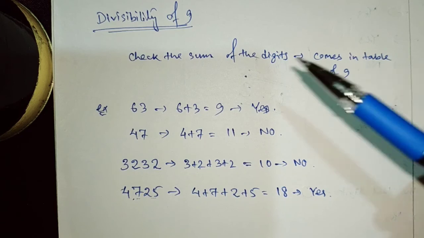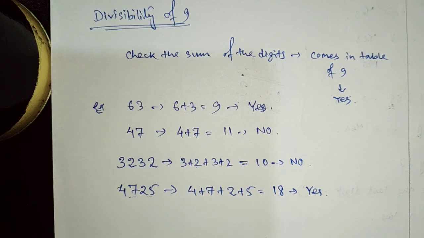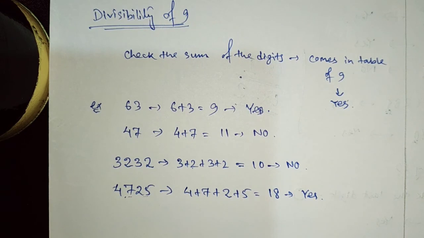Don't worry, I will write these divisibility rules of all the numbers on a piece of paper and give it to you in a fresh way, so that you'll have a clear understanding of all the rules. You have to memorize these rules because you will need them throughout life. As long as you do mathematics you will need these divisibility rules. So these divisibility rules are very important. Try to memorize them. Okay, thank you.